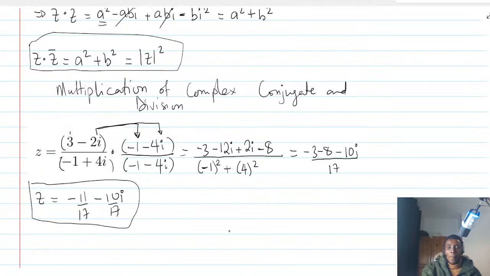Okay. So then let's look at the polar representation of complex numbers, and then we will also look at how to add and then divide in the polar form.